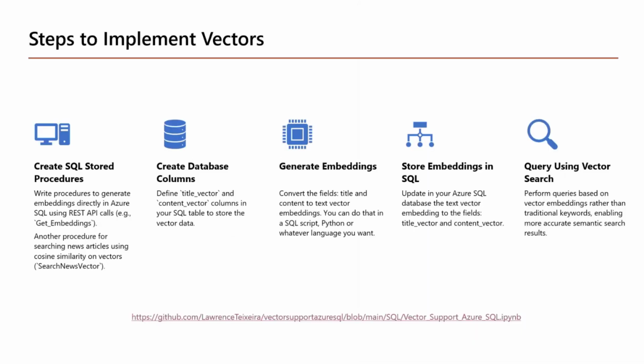What are the steps to implement vectors? The first step is to create... this thing is so cool. Microsoft, I don't know if it was 1 or 1.5 or something like that, created a way on Azure SQL to call external APIs.